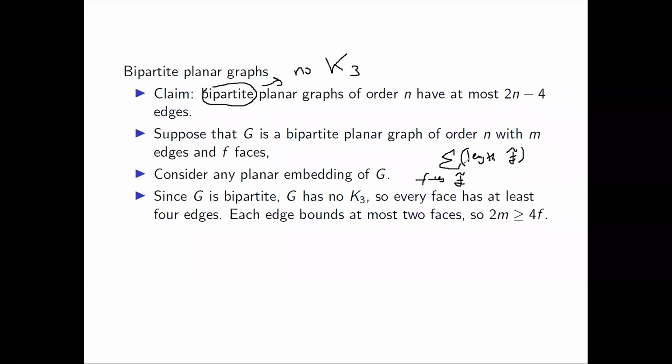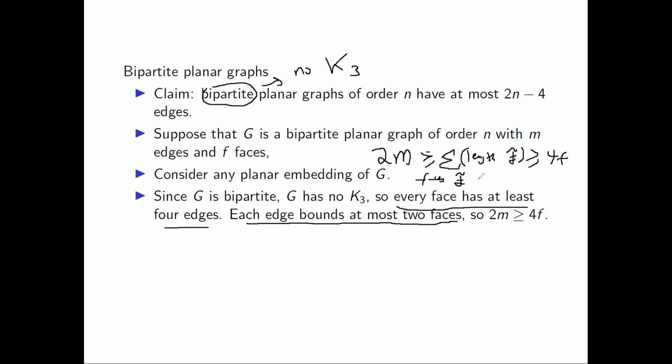So first, if we look at the sum over the faces of the length of f, we know every face has at least 4 edges. So this sum is going to be greater than or equal to 4 times the number of terms in the sum. Number of terms in the sum is just the number of faces. So we get it's greater than or equal to 4f, f the number of faces. Now, we also know that every edge bounds at most 2 faces. So this sum is going to be less than or equal to twice the number of edges.